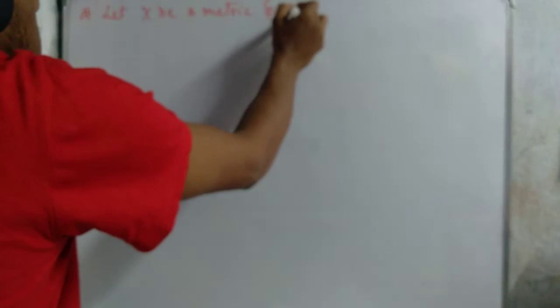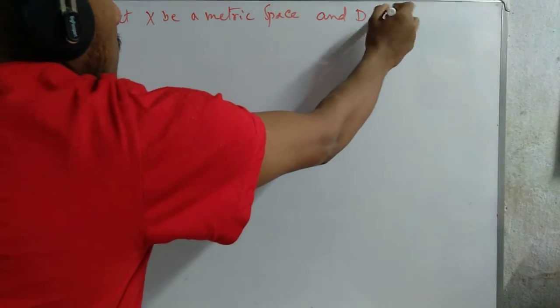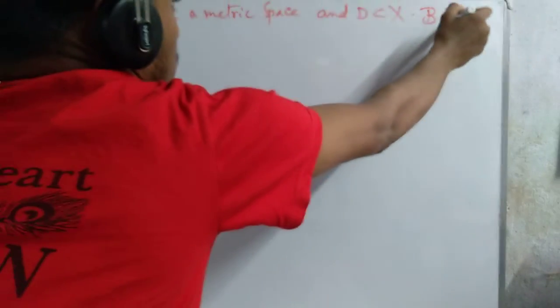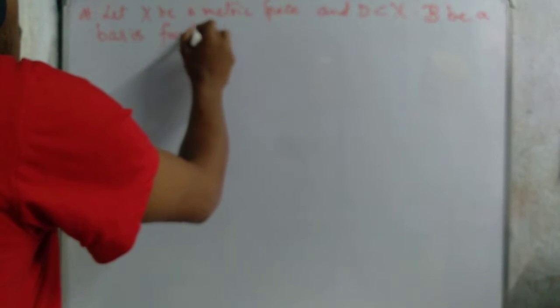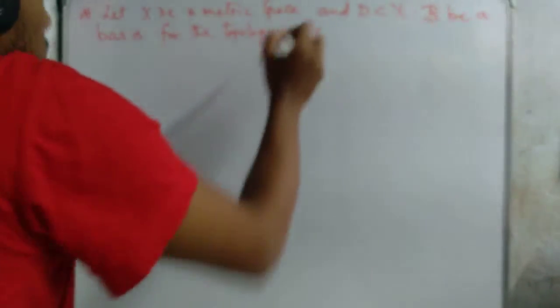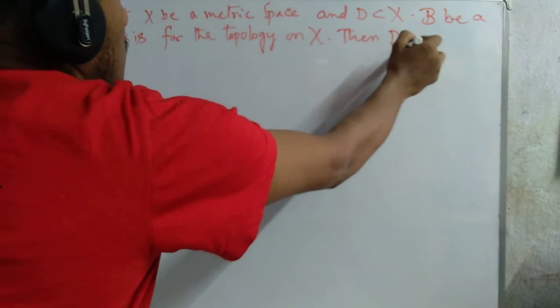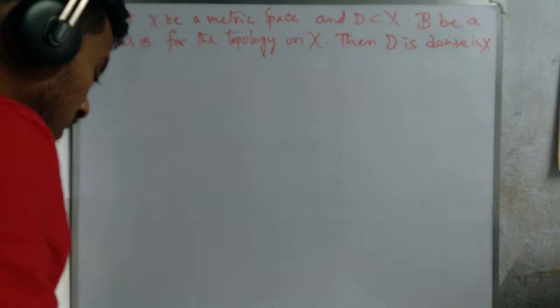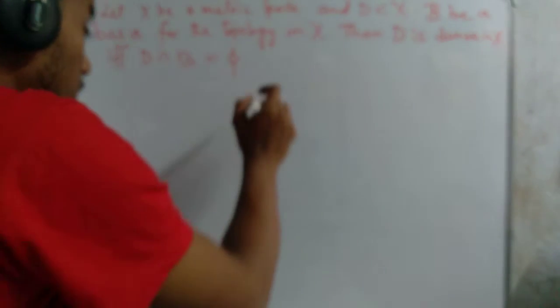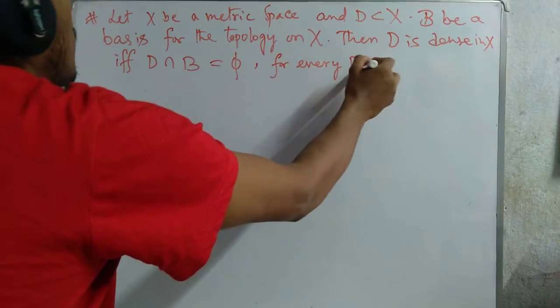Let X be a metric space, and D a subset of X. Let script B be a basis for the topology on X. Then D is dense in X if and only if D intersection B is not equal to the empty set for every B belonging to this script B. One of the important problems, I think. Let us also prove this problem now.